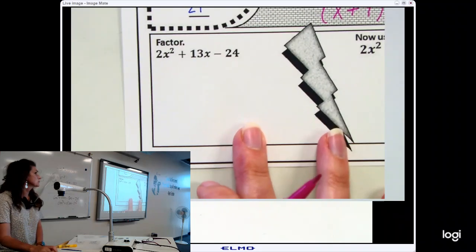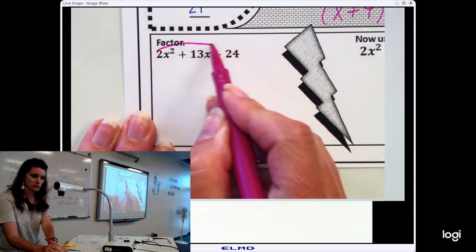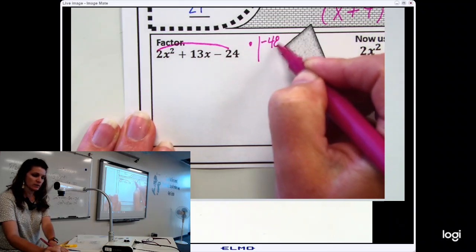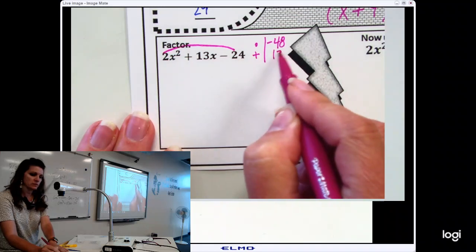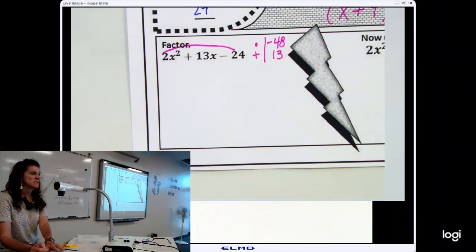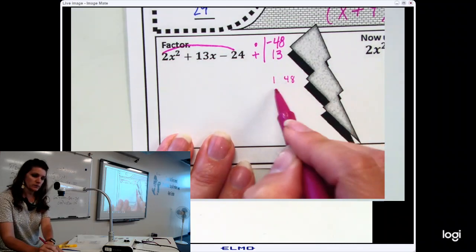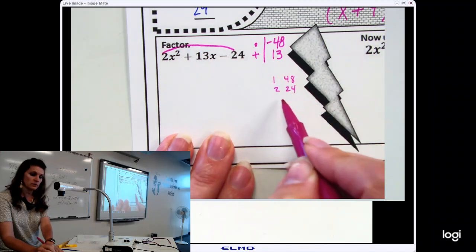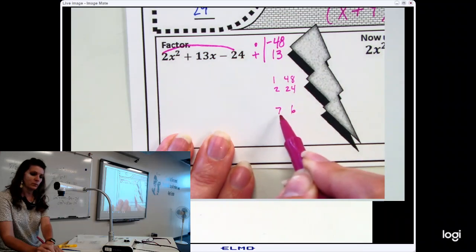All right, this is the last one we'll do together. Find two numbers that multiply to be what? Negative 48, good. And add to be 13. I don't know what they are. 1 and 48, 2 and 24, is it 7 and 6?